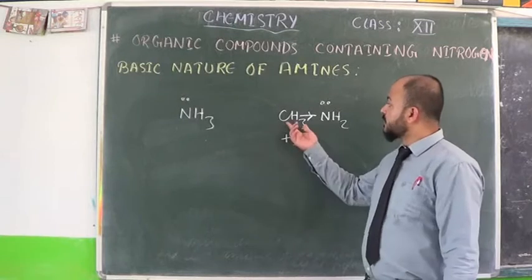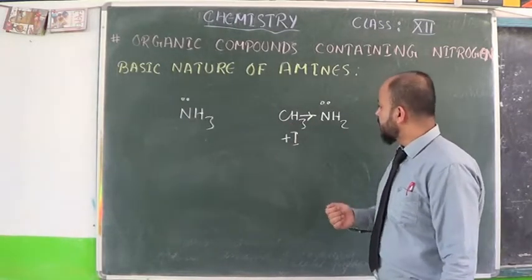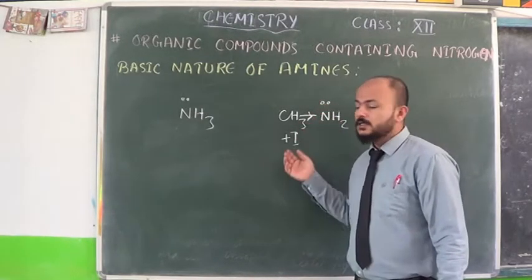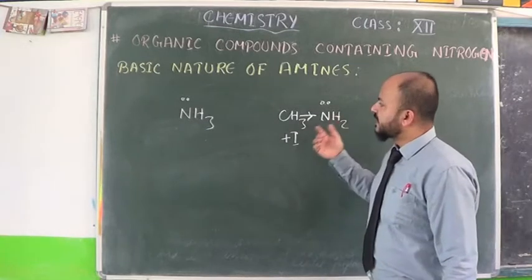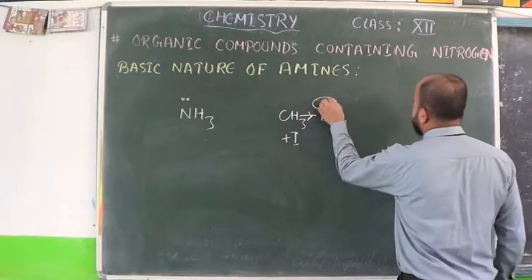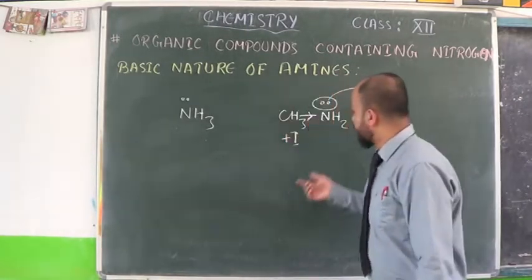That means the electrons will be permanently shifted towards nitrogen. That means the electron density over nitrogen will be more than compared to NH3. That means these electrons are now easily available, or easily donated, for protonation.